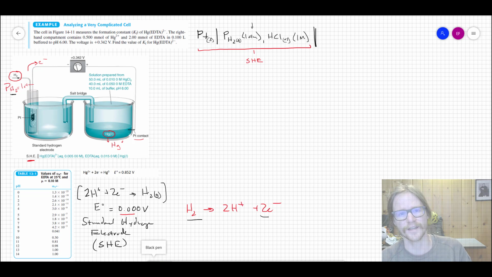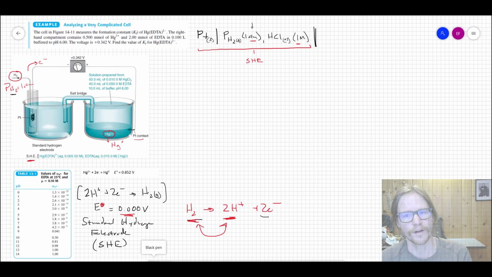We've got platinum, and then in equilibrium on the platinum, we have 1 atmosphere of hydrogen, and we have 1 molar H+. Those are 1 molar each, which sets that potential to 0 volts by definition when it's standard. And it's standard because they're 1 on both of these. So that's our 0 volt side on our SHE, and then we move through the salt bridge.